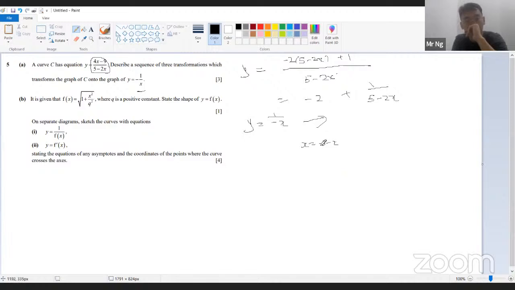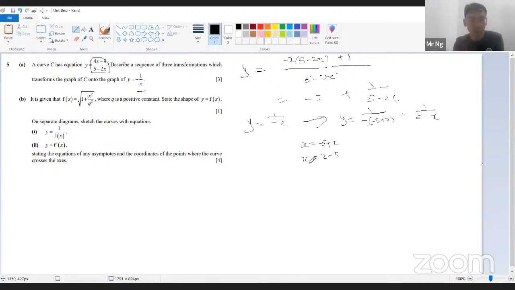Minus 5 minus x. Minus 5 plus x. Then it becomes y equals to 1 over minus 5 plus x, equals to 1 over 5 minus x. So this is the first transformation, which is x minus 5.